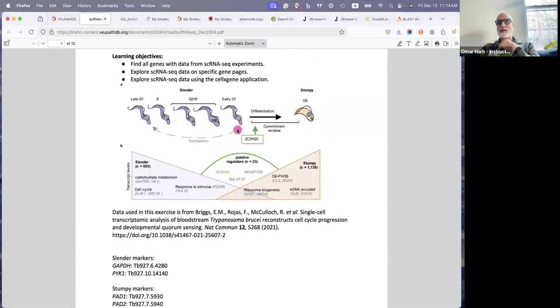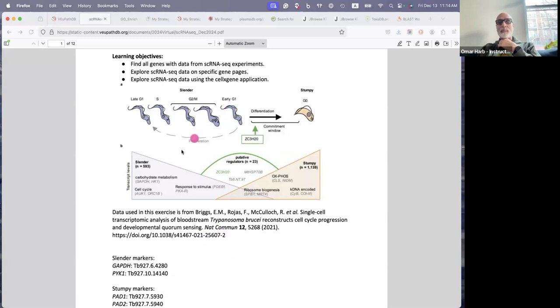They have different names, slender versus stumpy. Simply, the slender are cells that are proliferating, so they're growing and replicating. And then at some point they differentiate into these stumpy forms, which are a little bit more quote unquote dormant, and those are the ones that get picked up by insects for transmission, being able to go through another developmental cycle there.